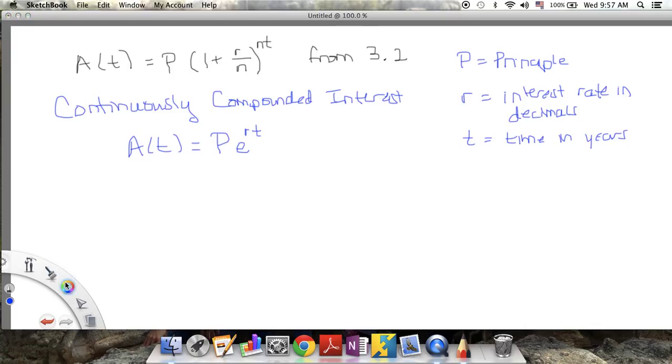Let's do an example of this. Let's say that we put $4,500 into a bank account. So it's invested at 7%, compounded continuously. And we want to know how much is in the account after 7.5 years.